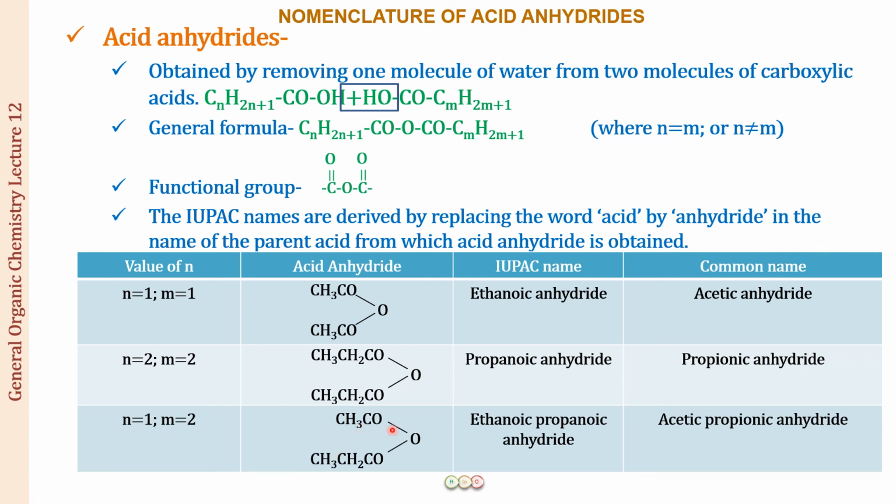This acid is derived from CH3COOH, which was ethanoic acid, and this acid would have been CH3CH2COOH, propanoic acid. So the anhydride we obtain is going to be called ethanoic propanoic anhydride. You will have to write the name of both the acids, and the common name is going to be acetic propionic anhydride. Easy enough, I hope.